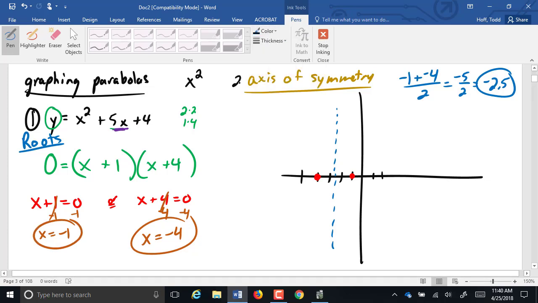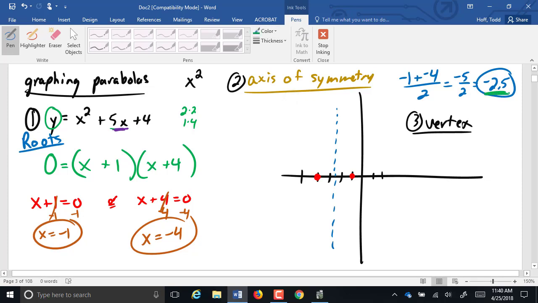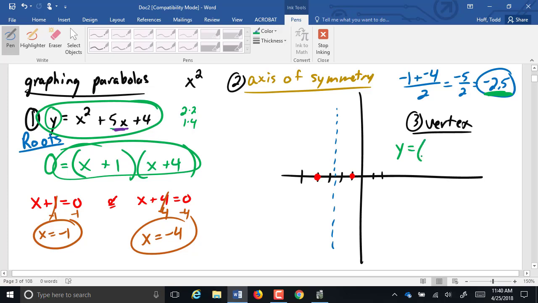That was step 2. Step 3 then is to find the vertex. We find the vertex by putting this x coordinate for the axis of symmetry back into the original equation or into the factored equation, either one, to figure out what y has to be. I'm going to use the factored equation here. Y equals x plus 1 would be -2.5 plus 1 times x plus 4, so -2.5 plus 4.